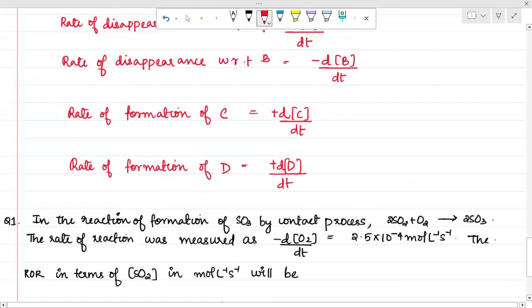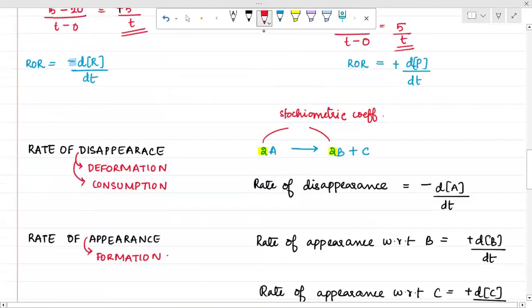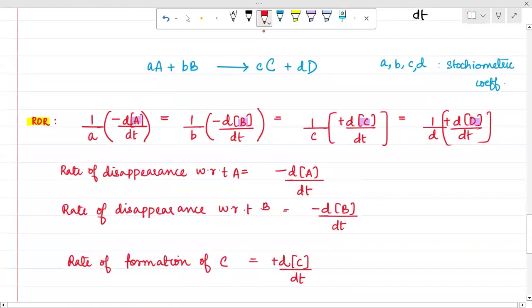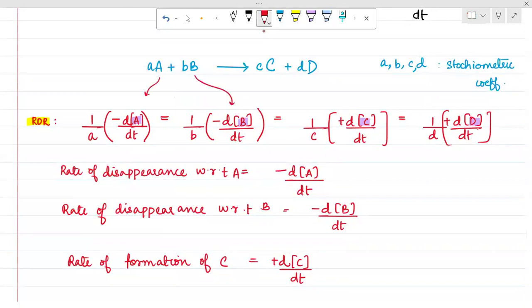Why option B? I already said that whatever the species that we consider is, whether it is A, B, C, or D, meaning reactant or product, the rates of the reaction are always going to be equal.